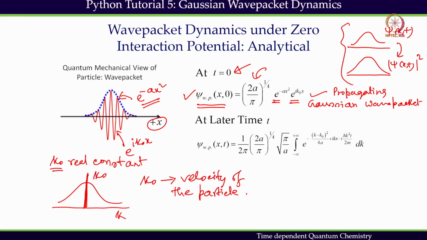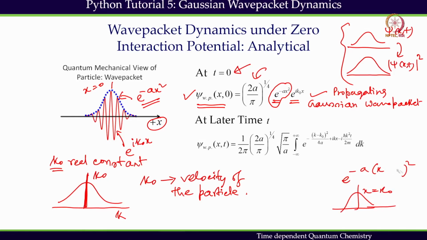Another thing we remind here is that the envelope function e to the power minus a x square is centered at x equals 0. e to the power minus a times x minus x naught whole square is centered at x equals x naught.